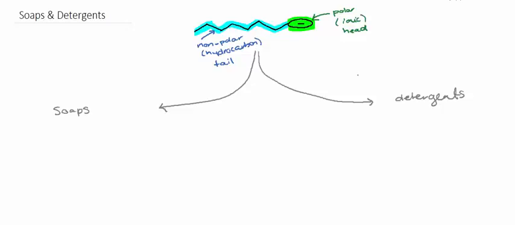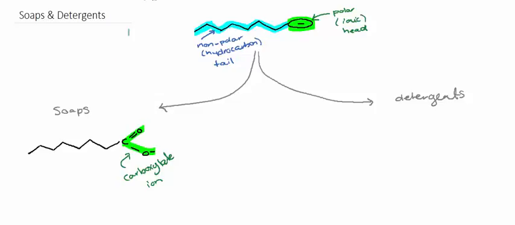Although both soaps and detergents share this structure, there are slight variations between the two, which mainly comes back to the ion group present in that ionic head. In soaps, the ionic head is composed of a carboxyl ion, and the non-polar hydrocarbon chain is generally just a straight chain.